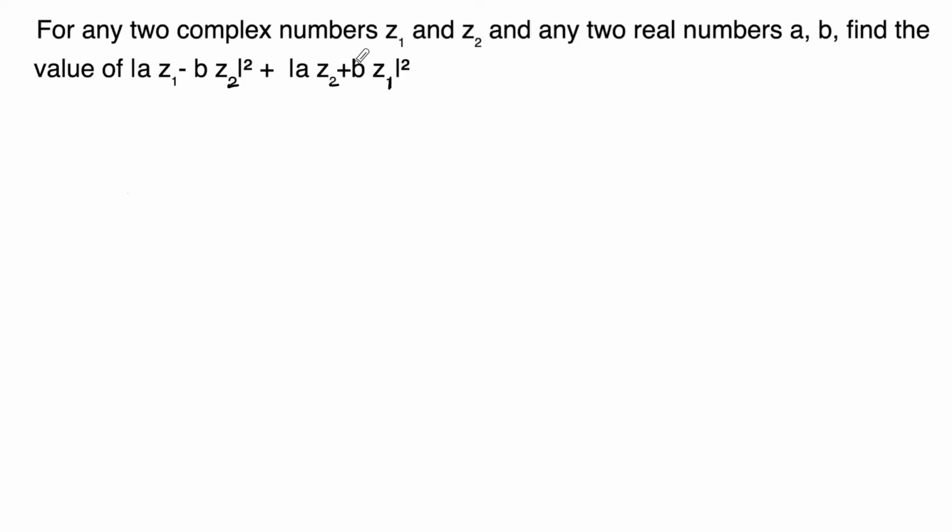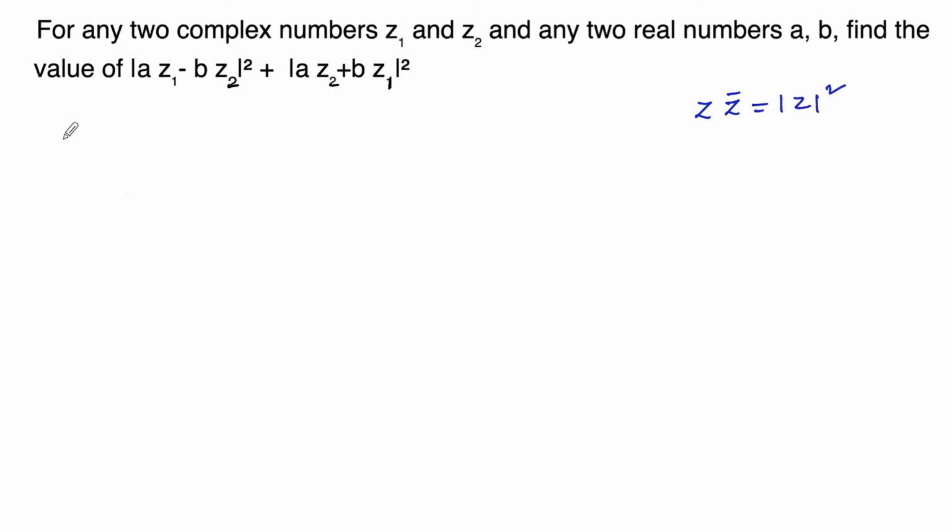For any two complex numbers z1 and z2 and any two real numbers a, b, find the value of mod of az1 minus bz2 squared plus modulus of az2 plus bz1 squared. Let us recall the property: z into z bar is equal to mod z squared.